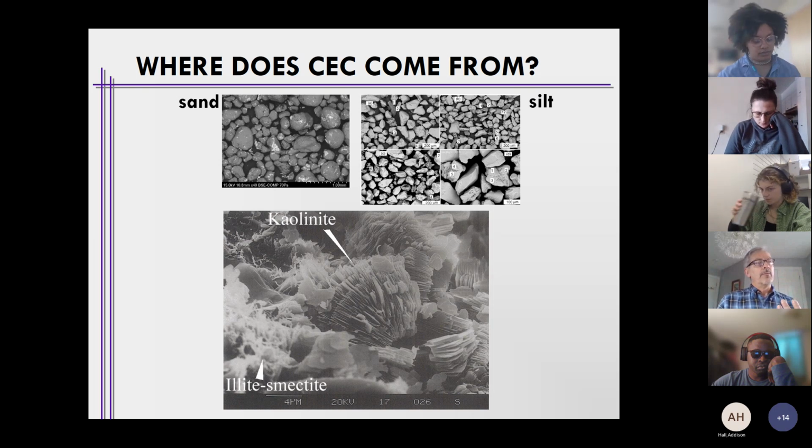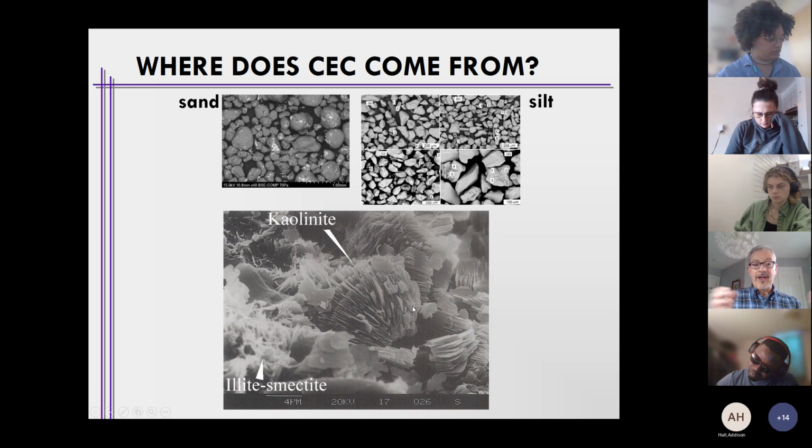And so when we talk about where does CEC come from, it actually comes from soil. There's very little CEC on sands. There's a little bit more in silts, but there is a lot of CEC derived from clay size fractions in soils because of surface area, right? So this ties back to some of the concepts we already talked about in the last unit when we talked about liming.